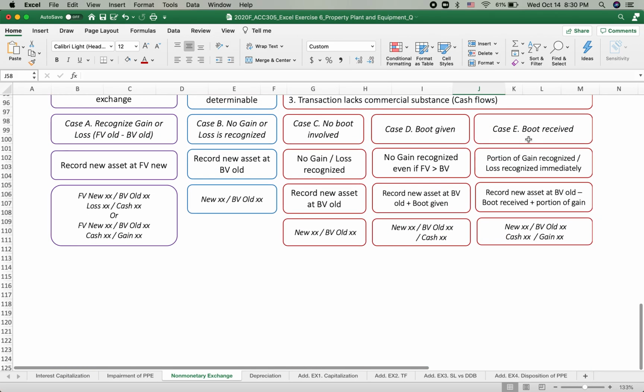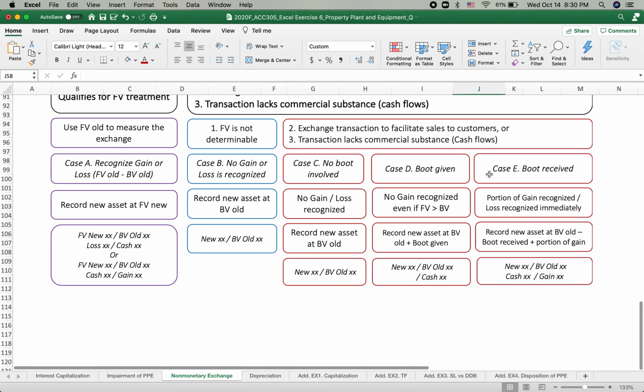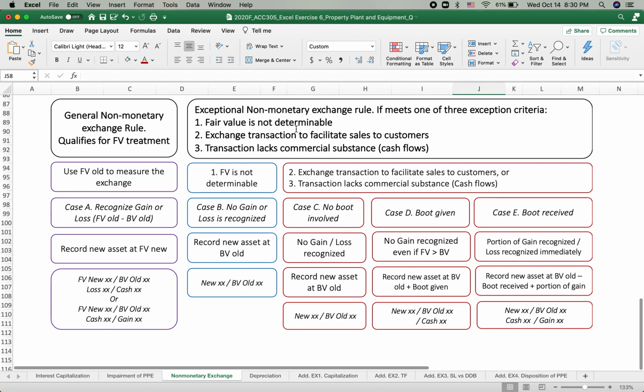Also the E case, but we cannot record the gain in full because we still do not trust the fair value of this new asset in the exchange, because in this case the exceptional non-monetary exchange rule can be applied: exchange transactions to facilitate sales to customers, or transactions that lack commercial substance.